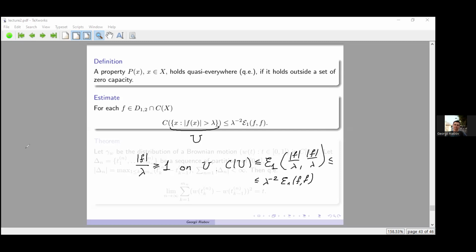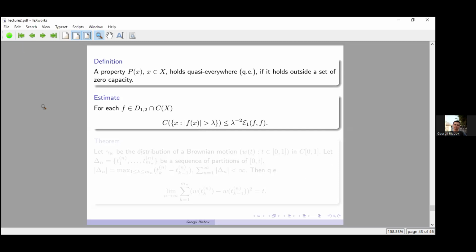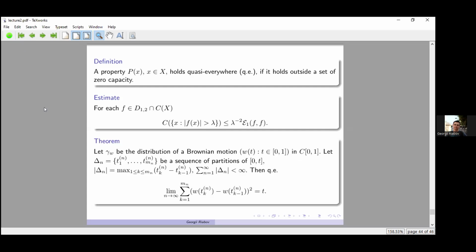And now let's look at an interesting example of a property that holds quasi everywhere. So let W be a Brownian motion. Gamma_W is the distribution of this Brownian motion in the space of continuous functions. Let's consider a sequence of partitions of the segment from 0 to t.